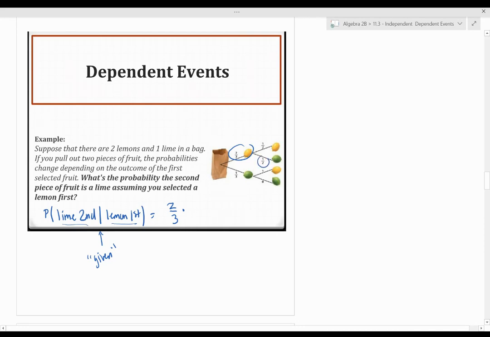My chance of getting a lime on the next one, I would say, is 1/2. So I could say 2 out of 6, or I could say 1/3. If you want to see the sequence of this calculation, it's like saying the probability of the lemon times the probability of the lime with the lemon already being pulled out. Okay, so that's what those probabilities are.